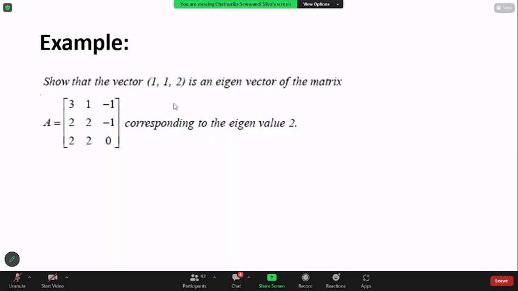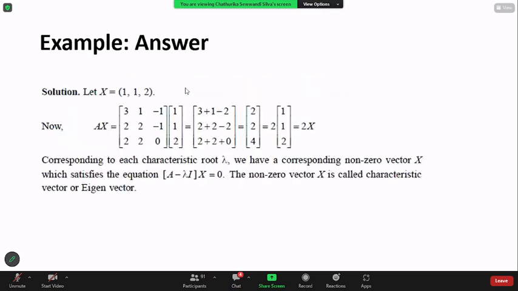X has been given to us. Capital X means X, Y, Z from the three simultaneous equations, and here it is given as 1, 1, 2. So here this is our original A matrix and this is the X matrix, 1 1 2.